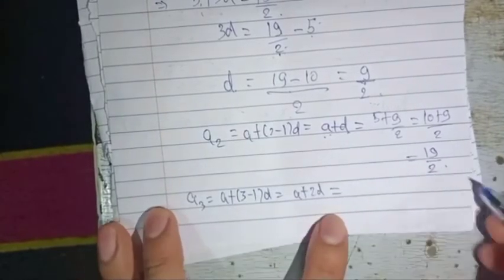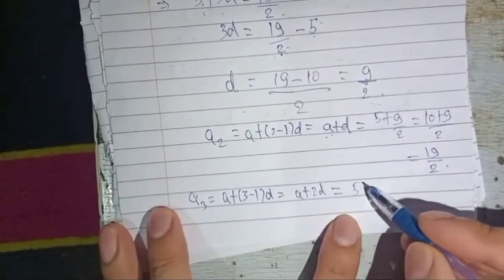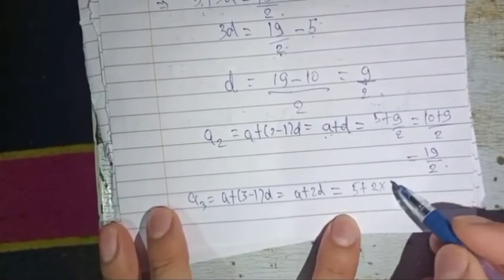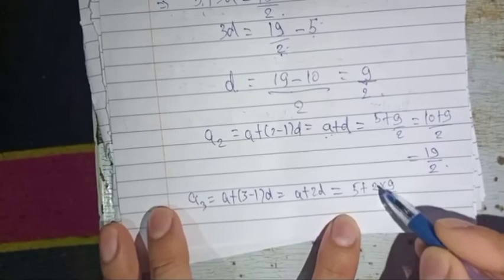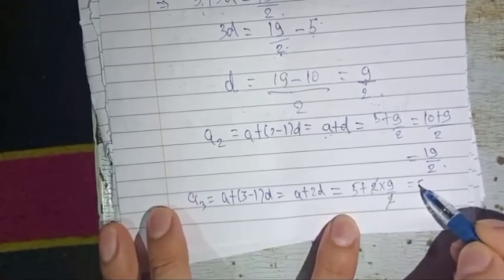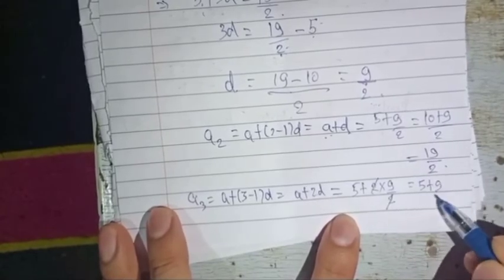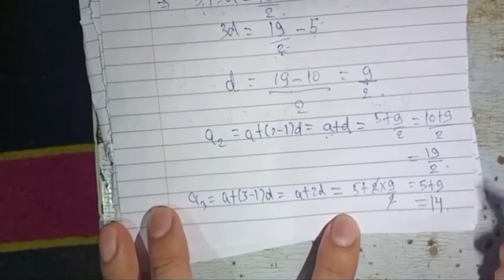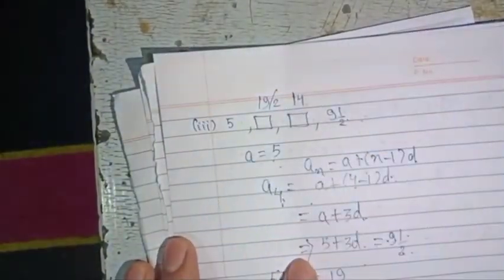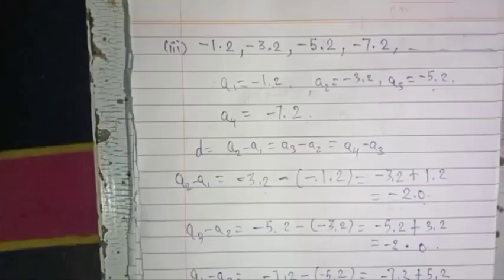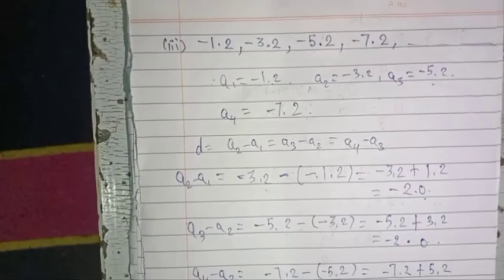Now we will put the value. A is 5 plus 2 multiplied with the common difference, 9 upon 2. 2 and 2 will cancel. 5 plus 9 is 14. So the third term will be 14. So in this way we can easily solve the questions.